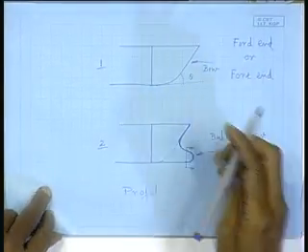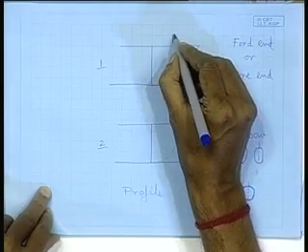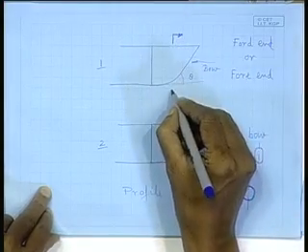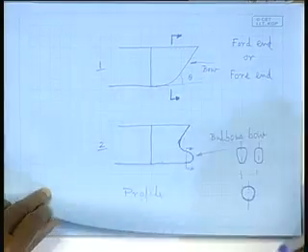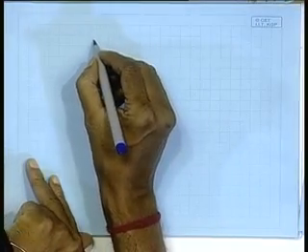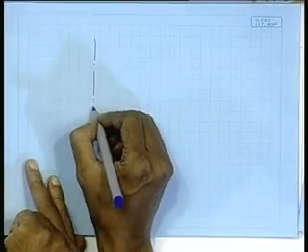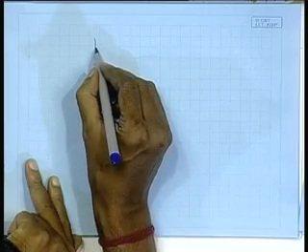Now, if I take a section here, that means transverse sections, then also you may have the forward sections like this.